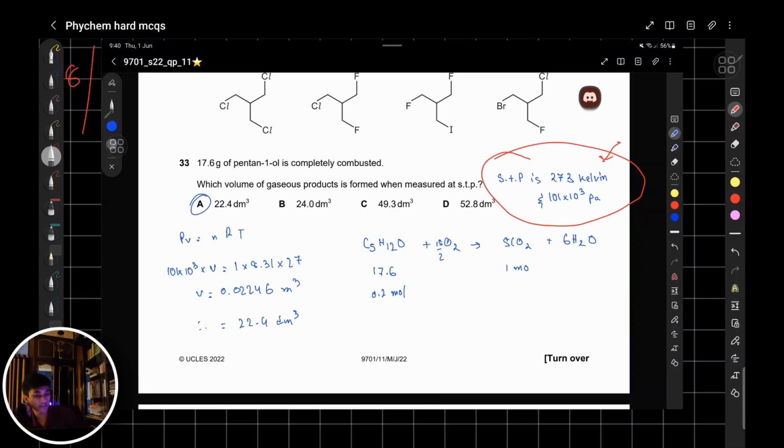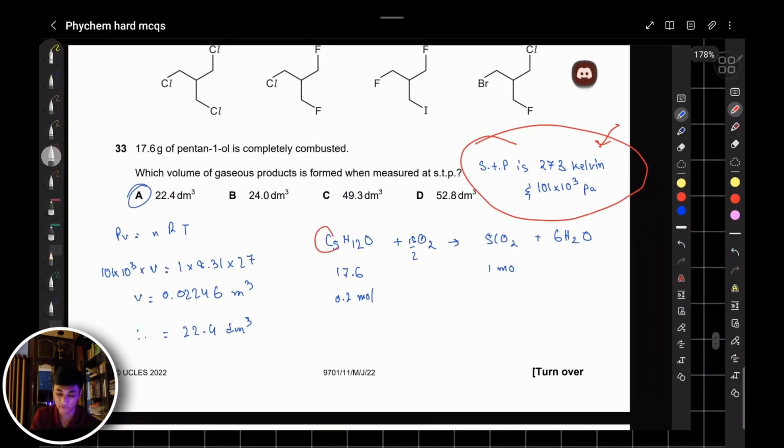Which volume of gaseous products is formed when measured at standard temperature and pressure? 17.6 gram of pentan-1-ol. So you need to know a bit of organic chemistry to answer this question. Basically, pentan-1-ol is an alcohol, 5 carbon atoms.